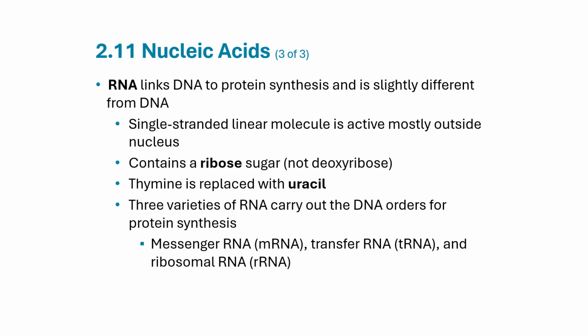And in RNA, the thymine is replaced by uracil. So anywhere you would have had a T, which is going to connect to A, uracil is going to connect to the A now. There are 3 varieties. We have messenger RNA or mRNA, transfer RNA or tRNA, and ribosomal RNA or rRNA.